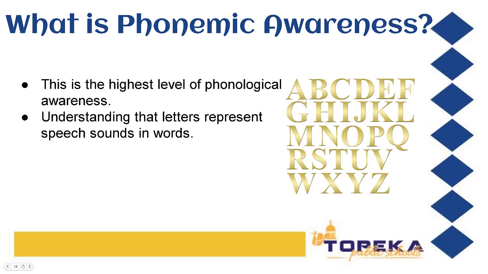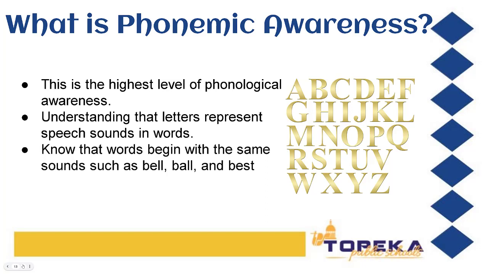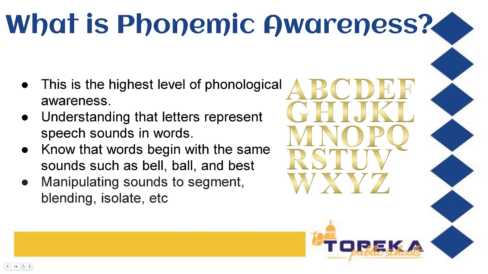So now we're understanding that cat has 3 sounds, that ball has 3 sounds, etc. It's knowing that words begin with the same sound, such as ball, bell, and best. So knowing that all of those words begin with b. It's also manipulating sounds, segmenting, isolating sounds.